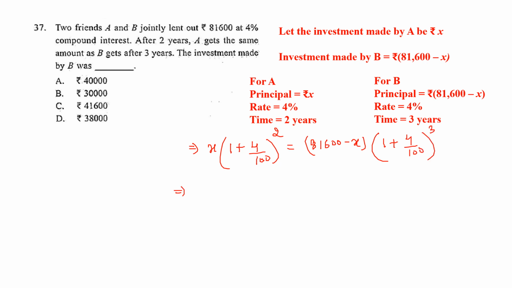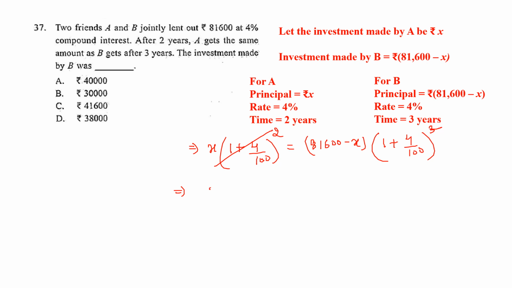Now from here, if you transpose this 1 plus 4 by 100 whole square to the other side, it will become division, and here the power is 3 and here the power is 2. So it will get cancelled out and you will be left with only 1 plus 4 by 100.